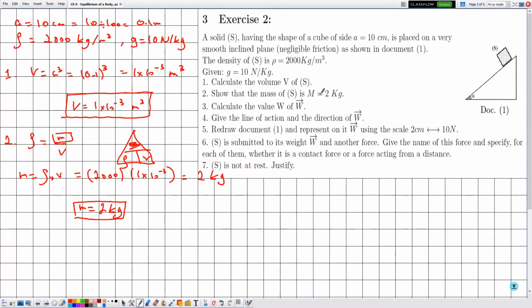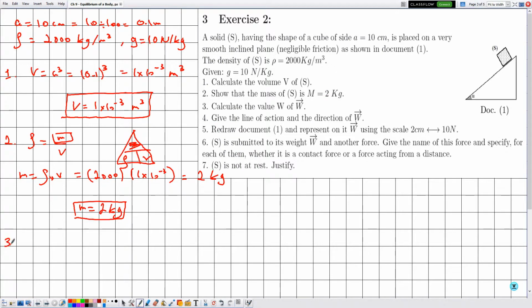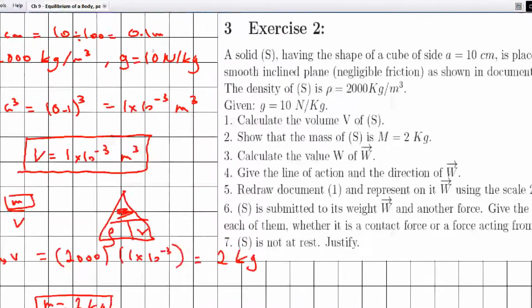And now in number 3 they are asking us to calculate the value of the weight, and by the value it means the magnitude. We know that the magnitude can be directly calculated from this formula. Weight is equal to m multiplied by g. The value of m is 2, and the value of g is given by 10.